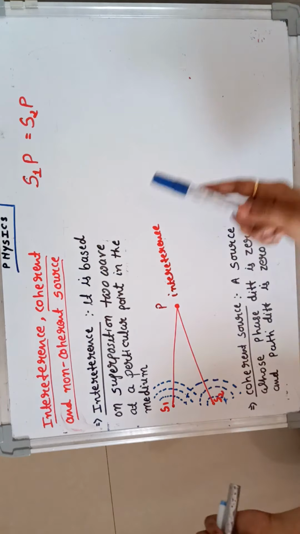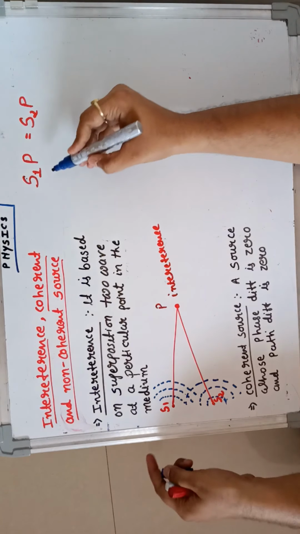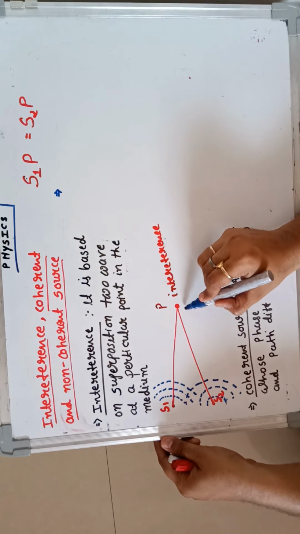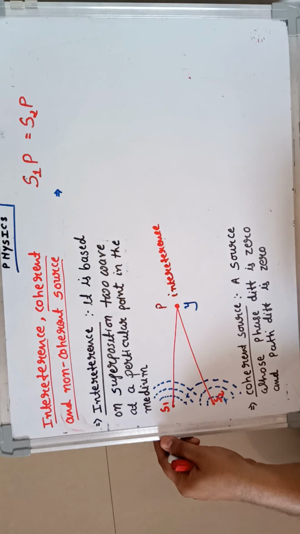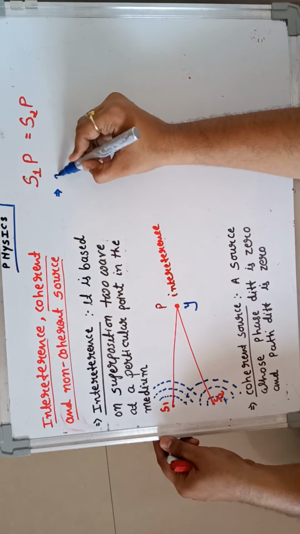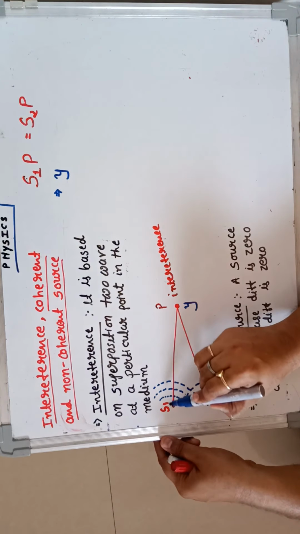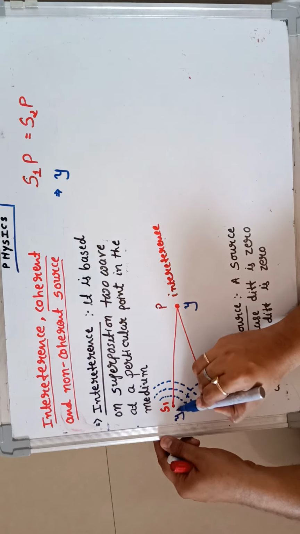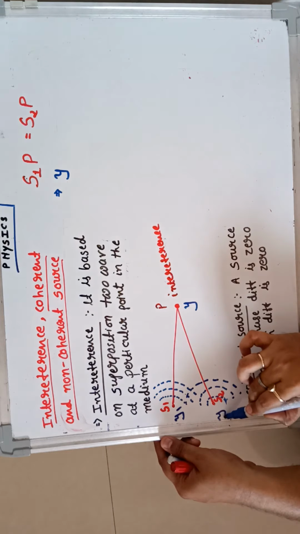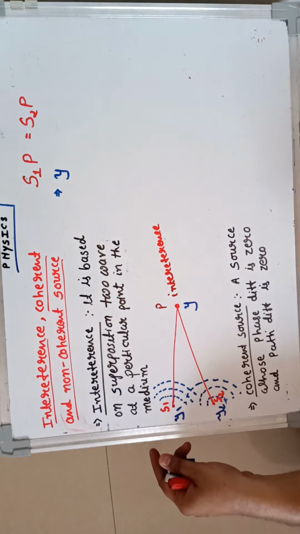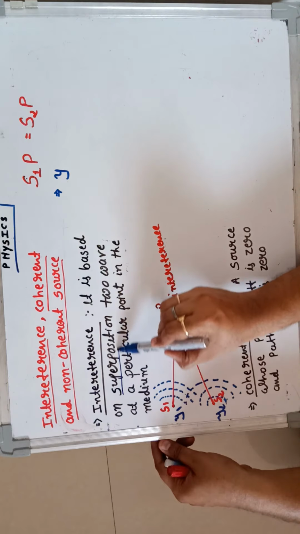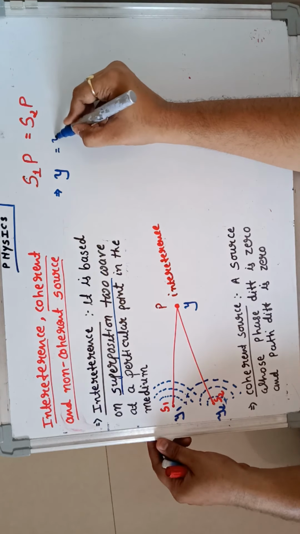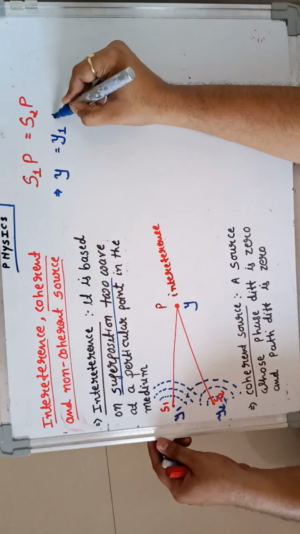After that, interference is the superposition. Superposition means the resultant displacement, we can say it is y. The displacement from S1 is y1, and the displacement from S2 is y2. According to the superposition concept, y is equal to y1 plus y2.